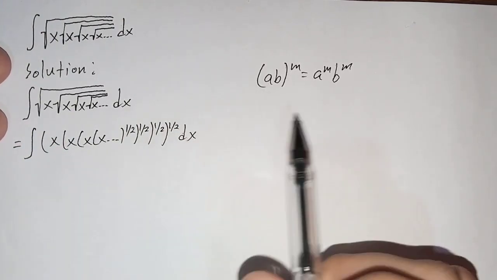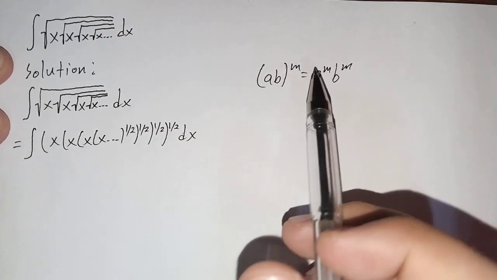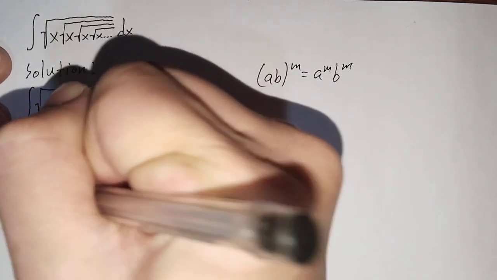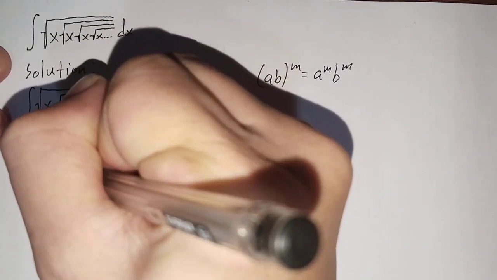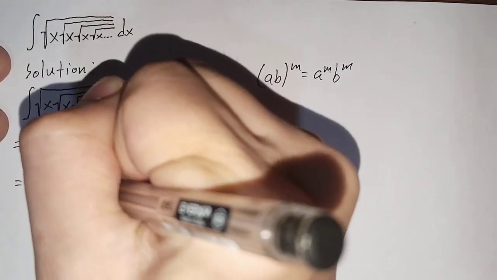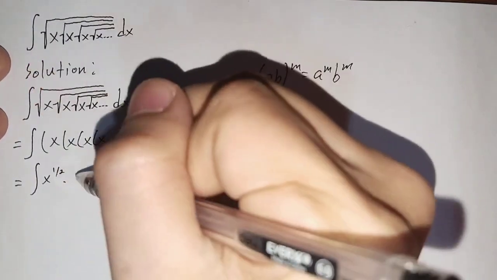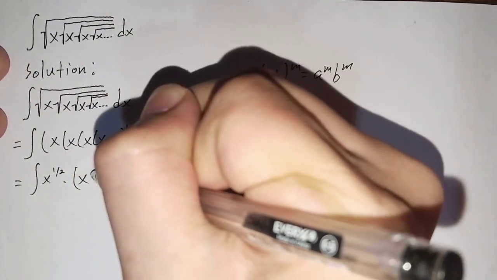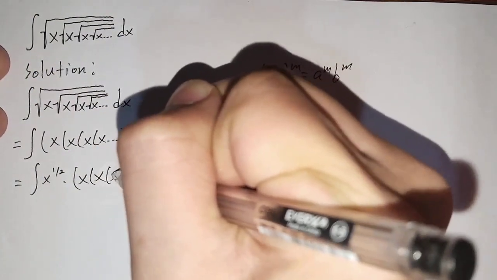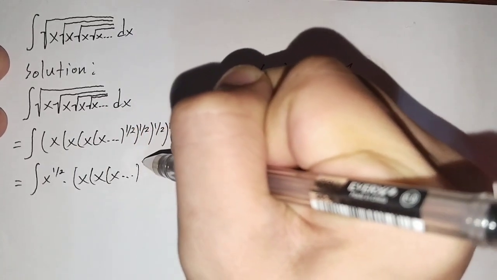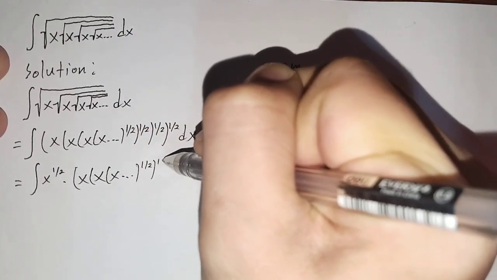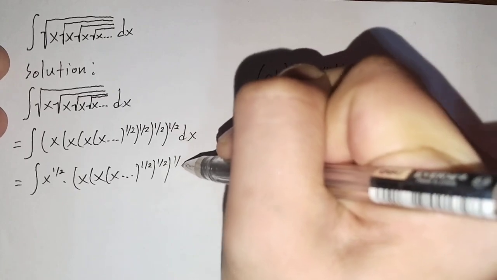So we can apply this rule to our integrand, and then we would get that the integral of this will become x raised to 1/2, then multiplied by x, multiplied by x, multiplied by x all the way up to infinity, raised to 1/2, raised to 1/2, and then raised to 1/4.